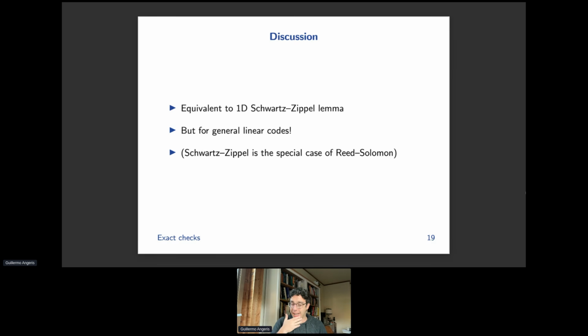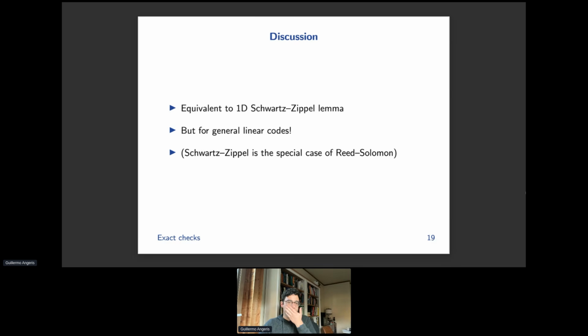And indeed, we find that Schwarz-Zippel is exactly the special case where the code matrix G that we are using is a Reed-Solomon code, where every single possible element is included in the matrix. That's in the paper. I'm not going to discuss it too deeply here. I might make it a homework problem, but at a high level, the point is that this is a strict generalization of Schwarz-Zippel to general linear error correcting codes.